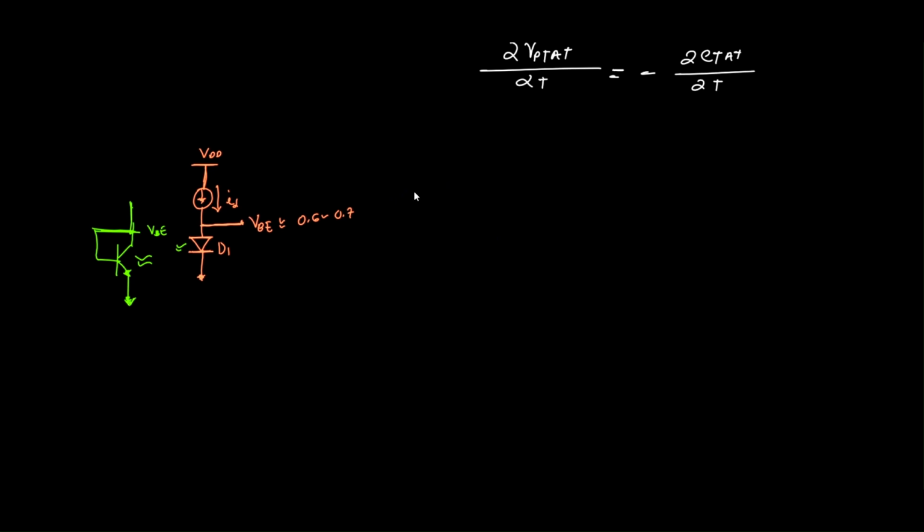As we know, this current ID equals IS, which is reverse saturation current, e to the power VBE by VT, minus 1.